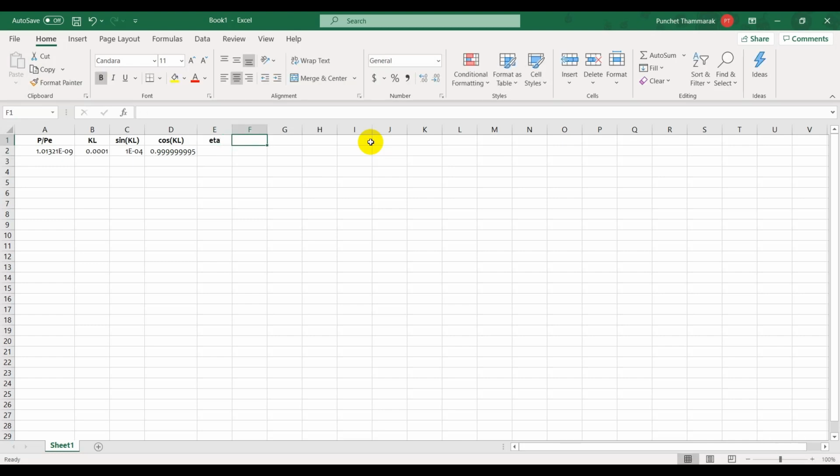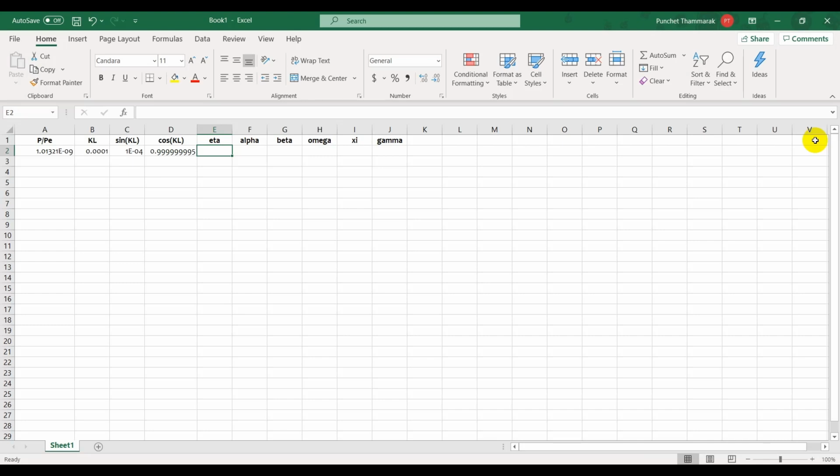Eta is like the N, right? Alpha, beta, omega, C, gamma. 1, 2, 3, 4, 5, 6. Yes, we have all 6 here.